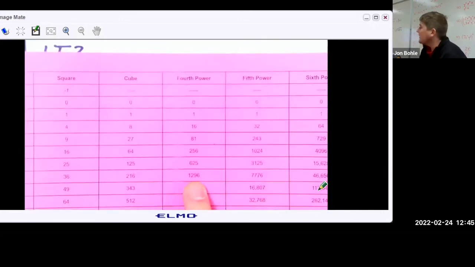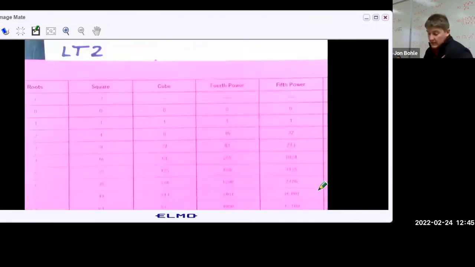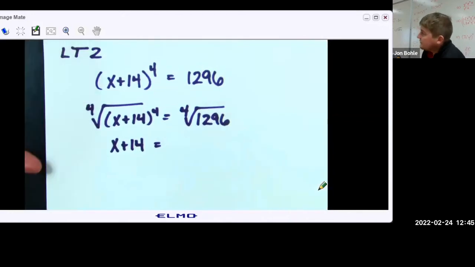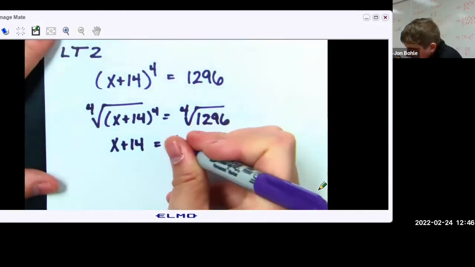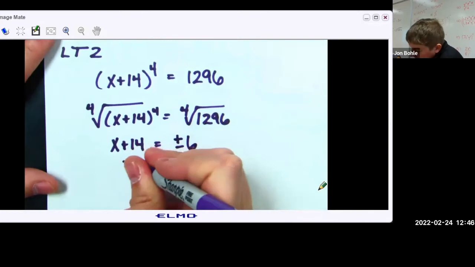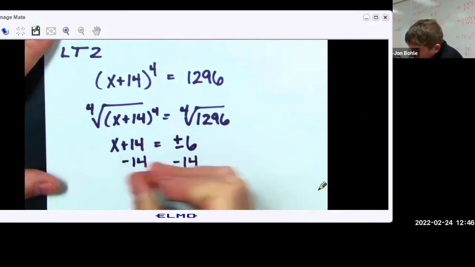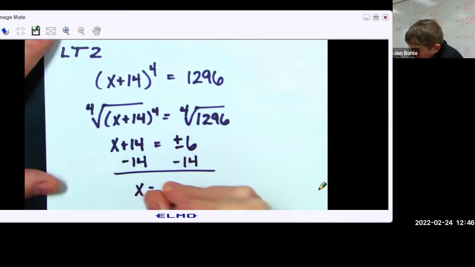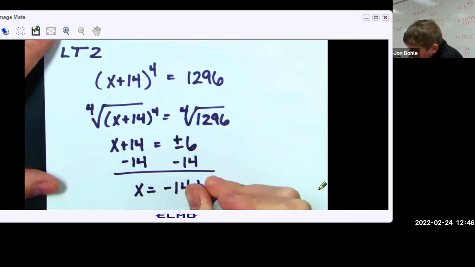1296's root is 6. Is it 6 or is it plus or minus 6? It is plus or minus because the root I'm taking is even. And then I subtract 14 to get negative 14 plus or minus 6.